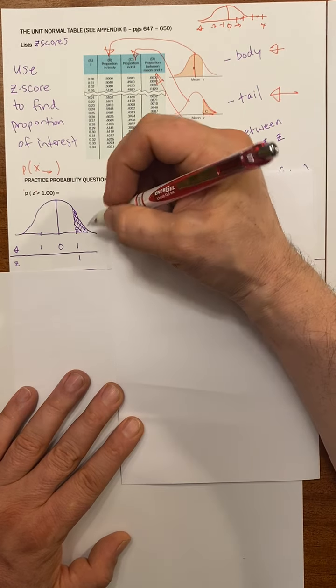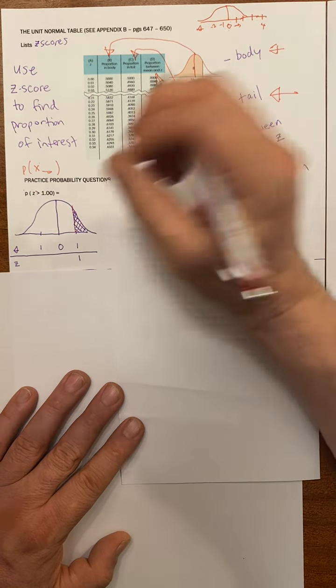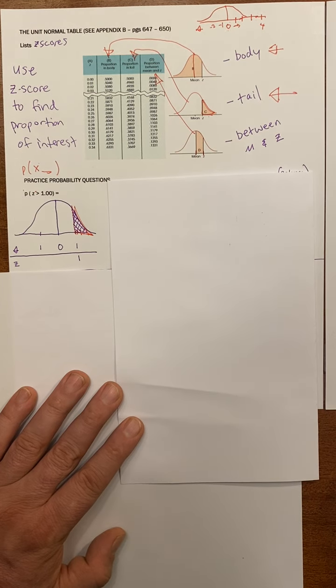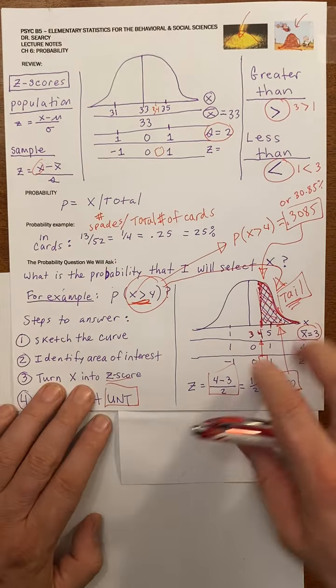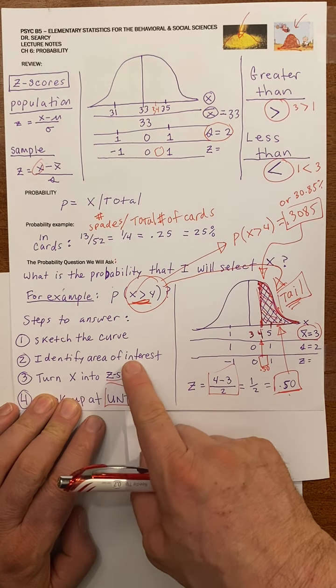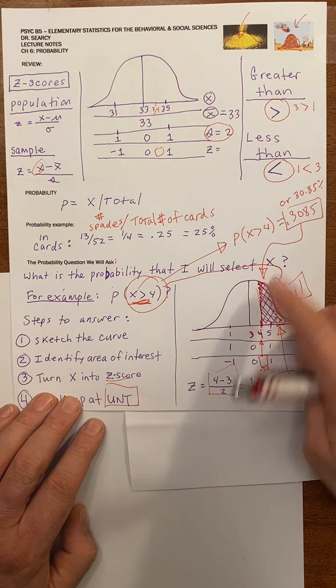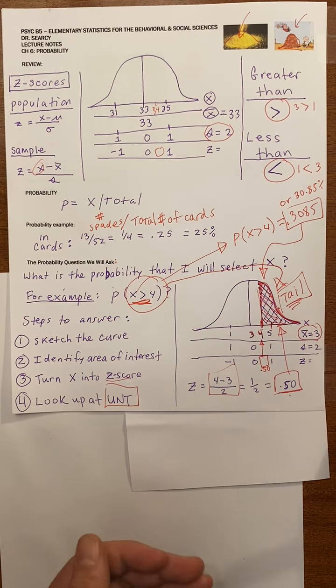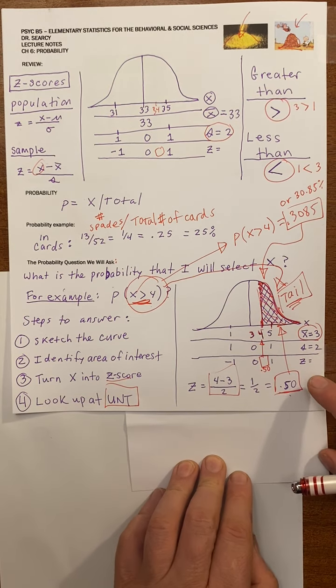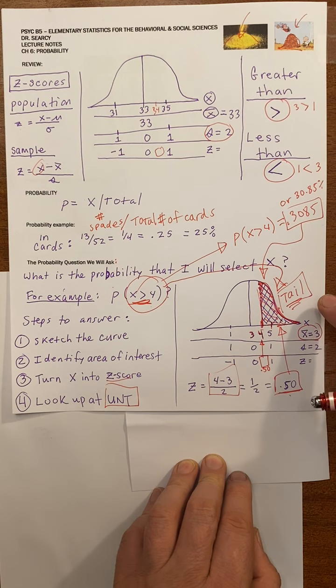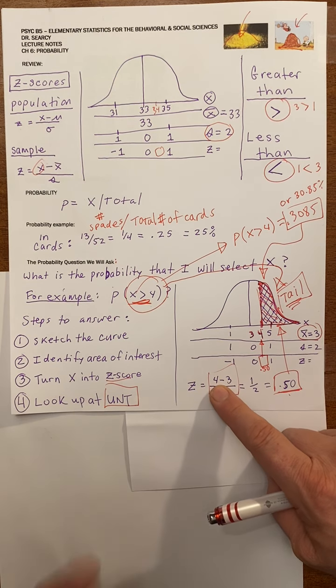So what's the probability that I'm going to reach in and pull some z value out of this area of the curve? Now we have identified the area of interest in the curve. It's basically the same thing as we did before, except instead of having to find x, or use x to find z, we've already been given z.